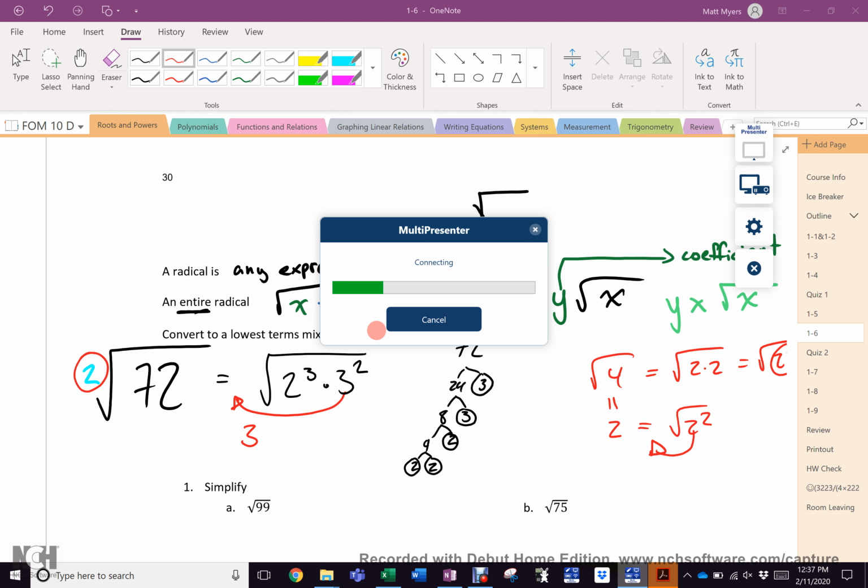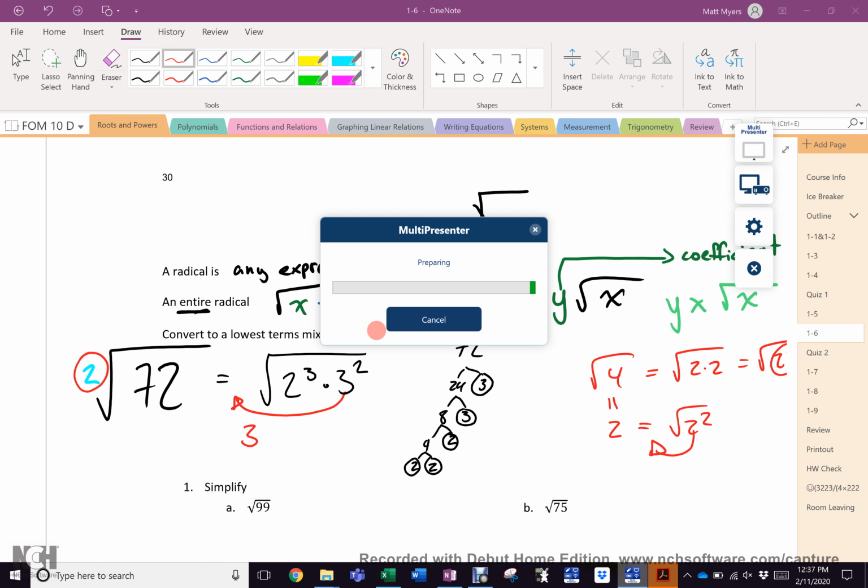Thank you. 2 cubed is still under there. How many groups of 2 can I remove when I have 2 cubed? 1.